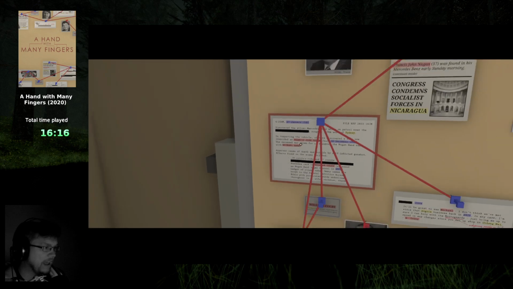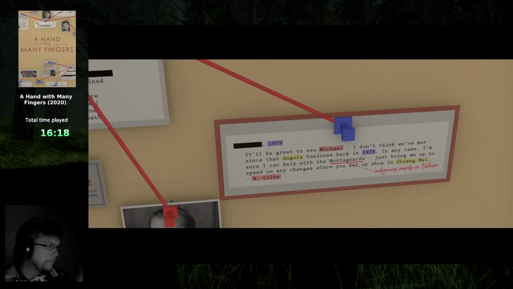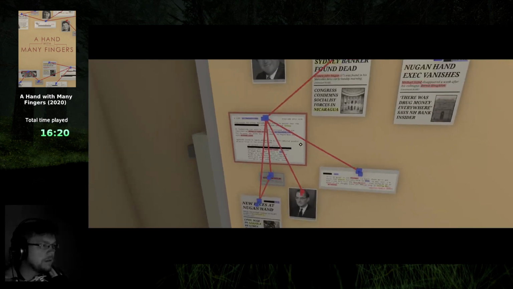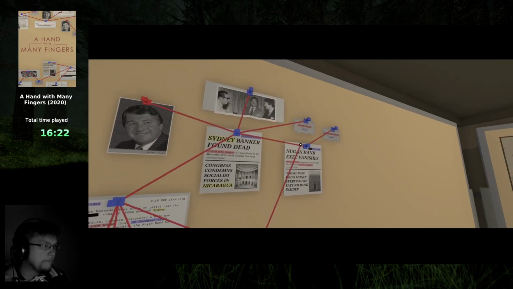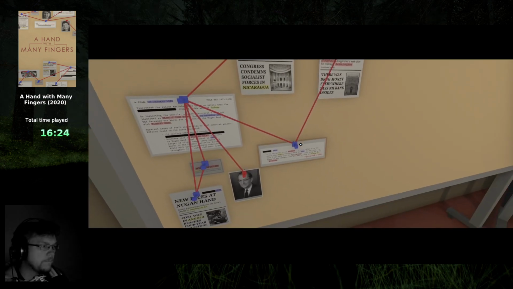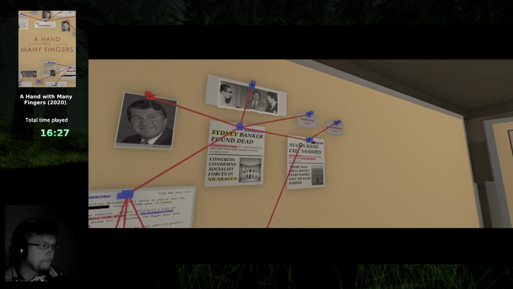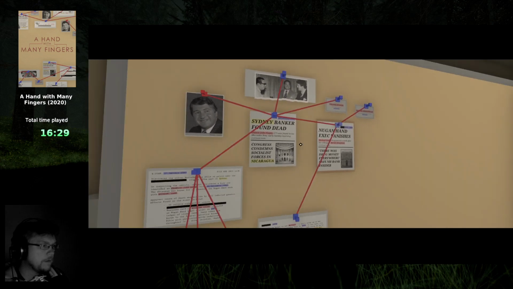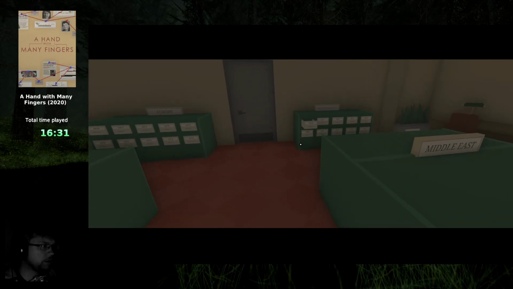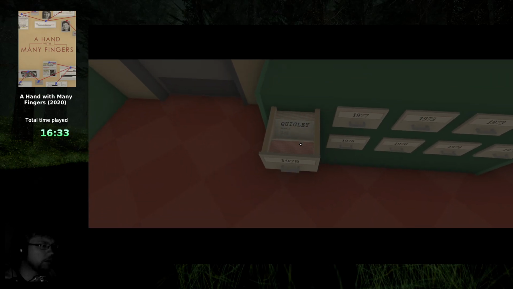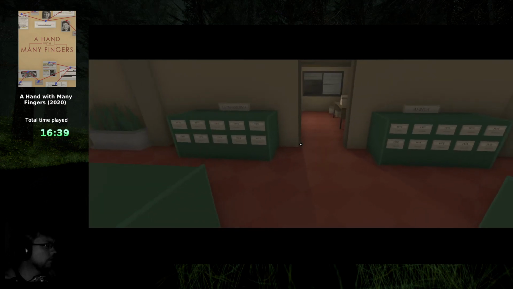No, we're talking about Michael Hand here. So Hand is up to something here. No?